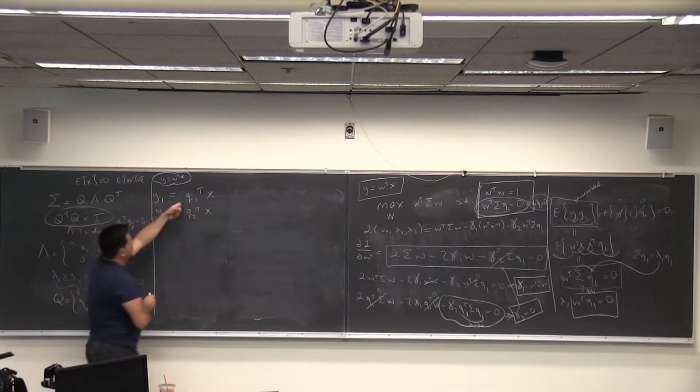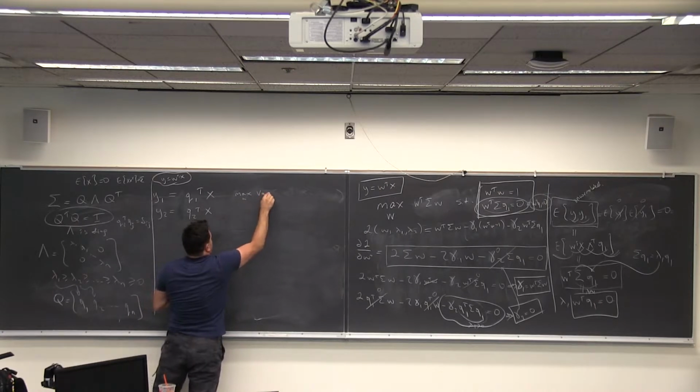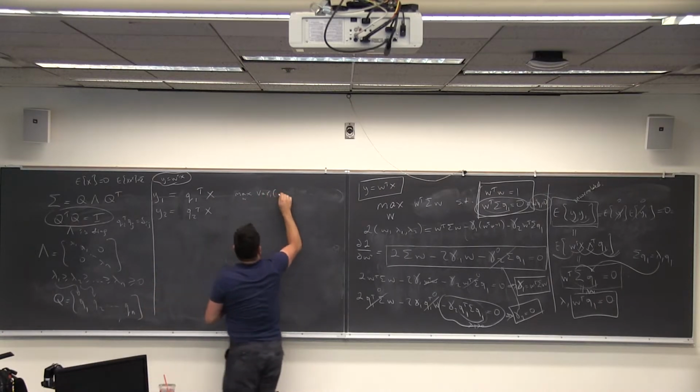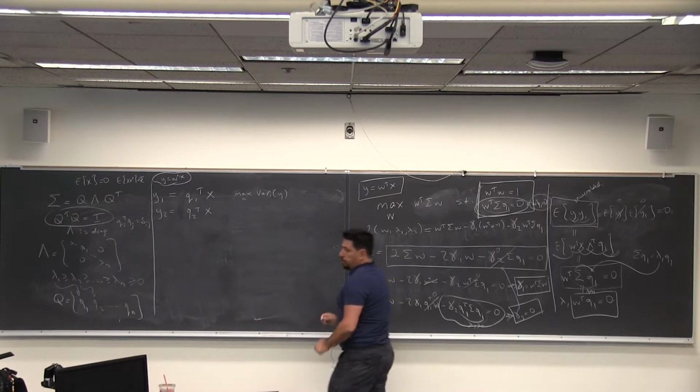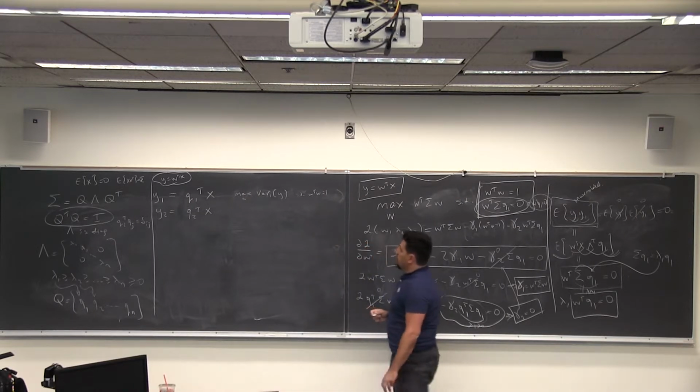The first one simply maximized the variance of Y, subject to the length of this projection vector being 1.